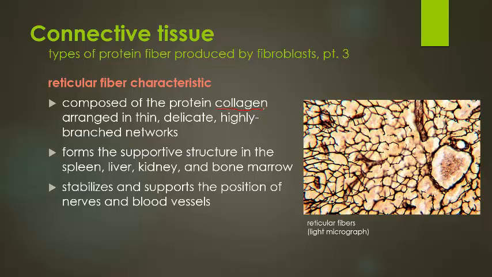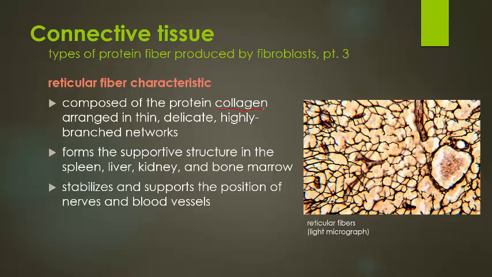This forms the supportive structure that we see in the spleen, the liver, the kidney, and in bone marrow. It stabilizes and supports the position of nerves and blood vessels as well. Reticular fibers are easy to recognize because they are very thin and they branch a lot, unlike the collagenous fibers.